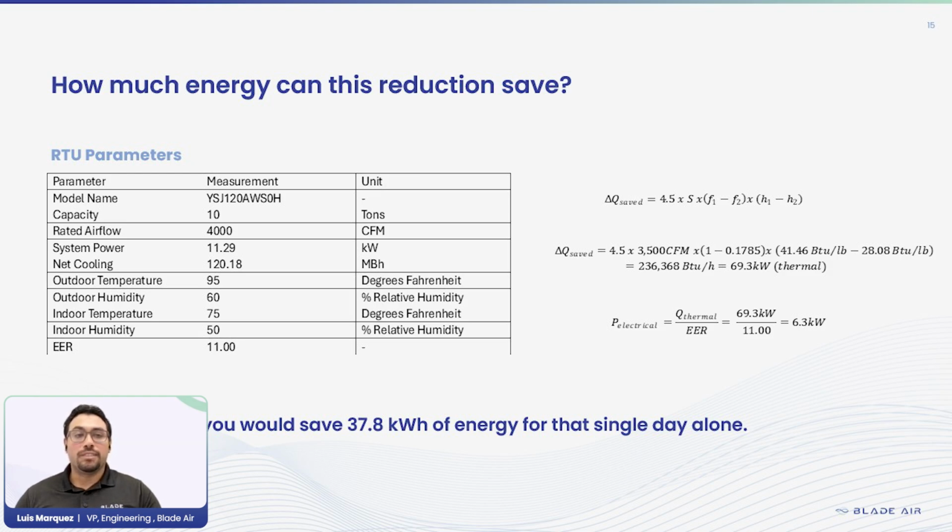What we really have is that if you were in this school for 6 hours and you were trying to cool that air, you would save about 37.8 kilowatt hours of energy for that single day alone, just by using the recirculated air versus what the original VRP would say you need, at least 3,500 CFM of outdoor air.